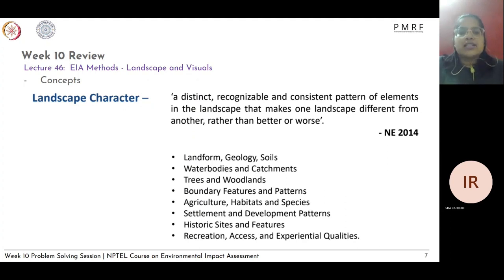And these can include factors like landform, geology, soils, water bodies and catchment areas, trees and woodlands, boundary features and patterns, agriculture, habitat and species: what type of crops grow in that particular land, what sort of habitats exist, what sort of species are present in a particular land. So these can be differentiating landscape characters. Others include settlement and development patterns, historic sites and features, recreational, access and experiential qualities, etc.